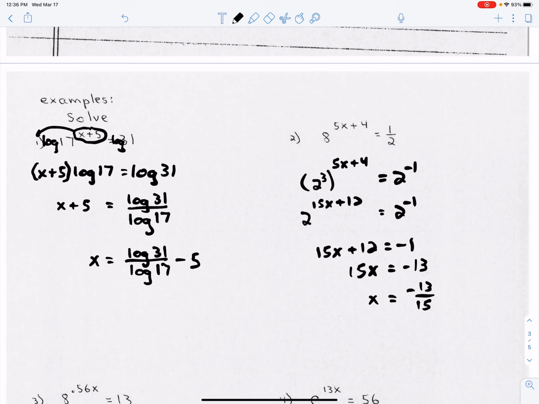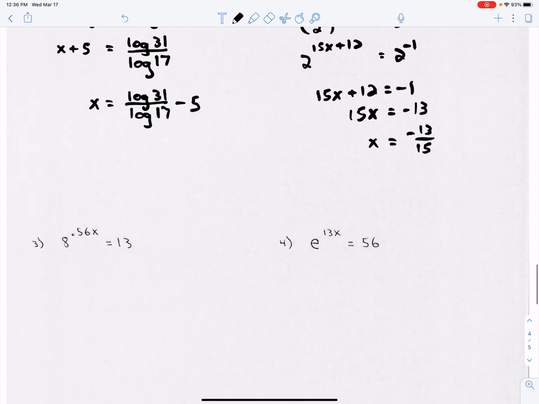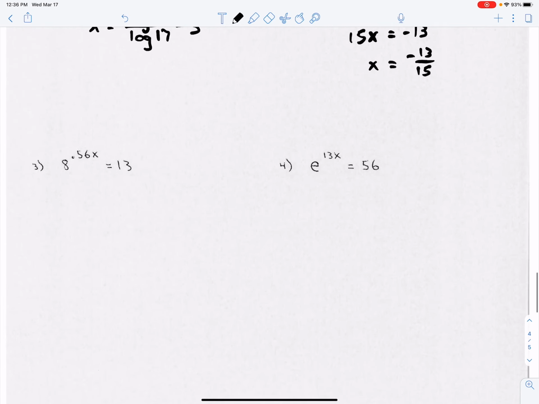Okay? So remember, you only do what I did on problem number 1 if you can't get the bases the same. All right, let's take a look at this one. I can't get the bases the same, so I'm going to take the log of both sides. Okay, so I'm going to take the 0.56 and move it in front.